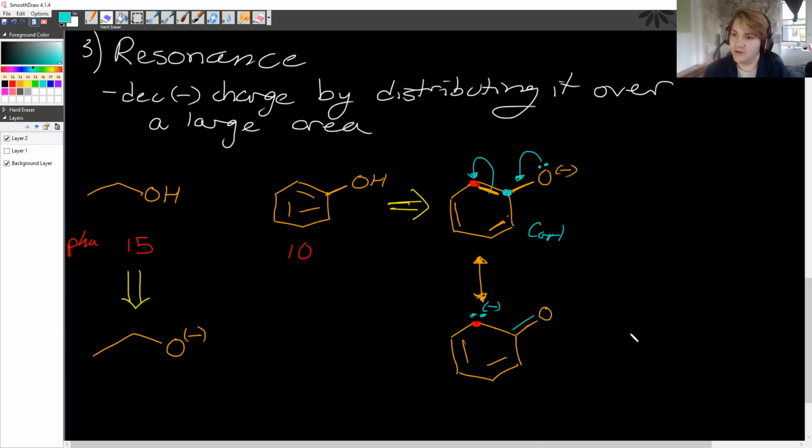Okay? So once again, just to draw this so I don't have all these fancy colors going on, this first resonance form looks like this.